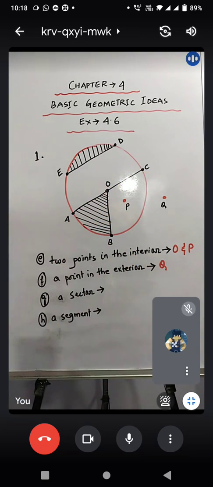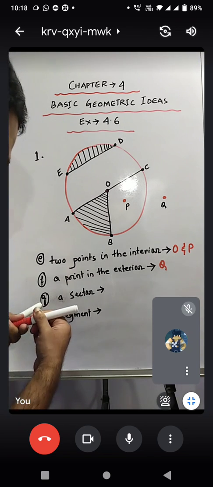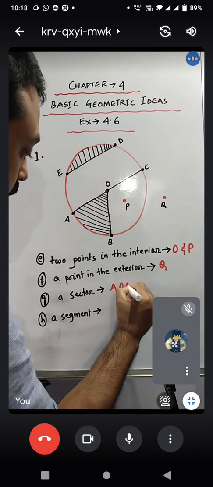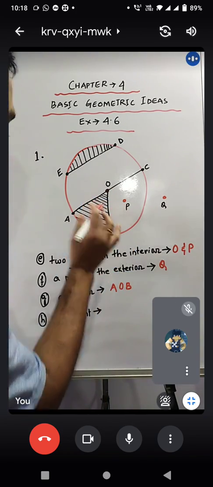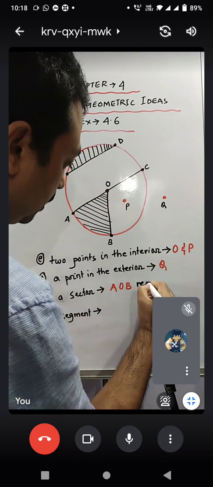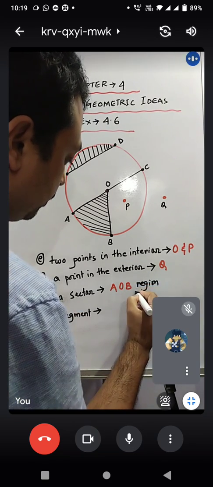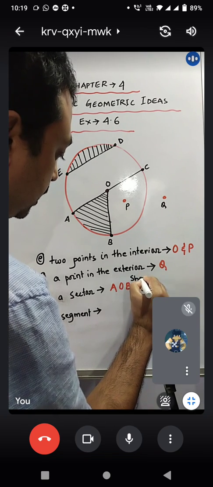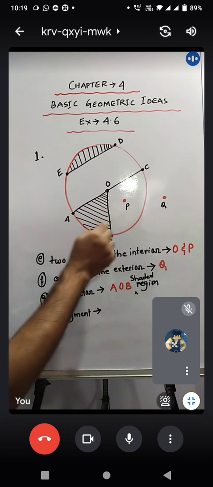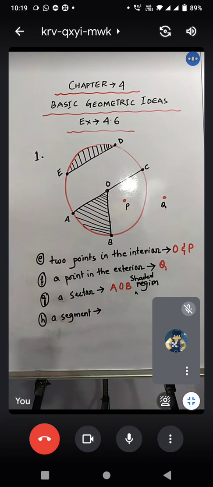So you can write any one sector, that is AOB region. Or you can write AOB shaded region, that is far better. So AOB shaded region is called a sector.